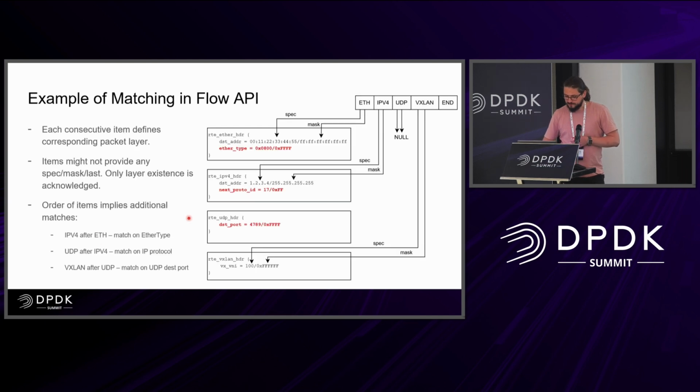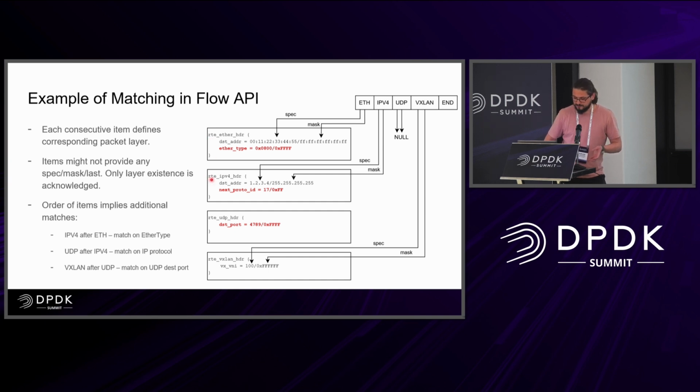And we can take a look at more complex examples. When we have the rte_flow_item itself, the whole pattern is built as an array of flow items. In this example, we have an Ethernet, IPv4, UDP, and VXLAN pattern. Each item defines through spec and mask the values we expect in this layer. For example, the Ethernet item defines in the Ethernet header what kind of destination MAC address we want.